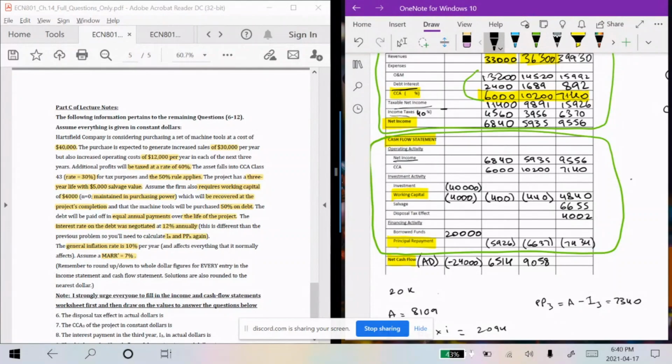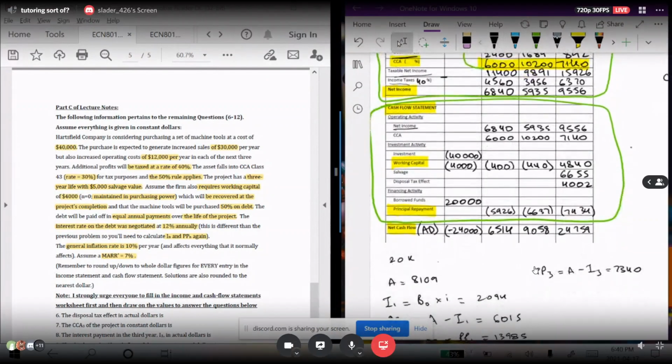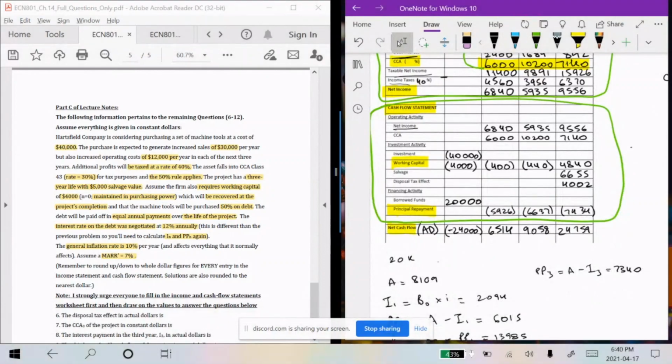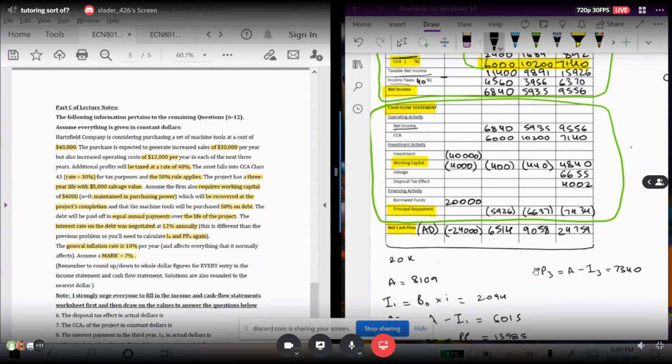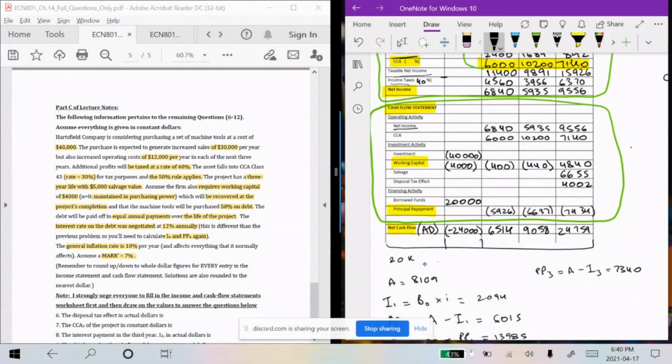You get 24,759. Right. This would be the final answer of the net cash flow in actual dollars. You're gonna need to calculate it in constant dollars too, but we'll do that in a minute.